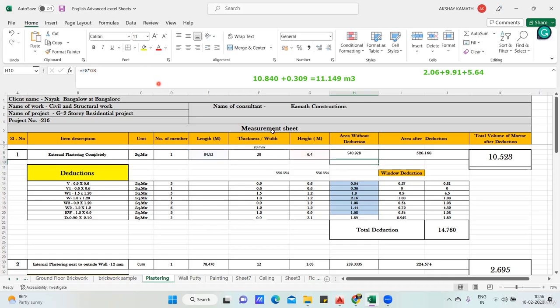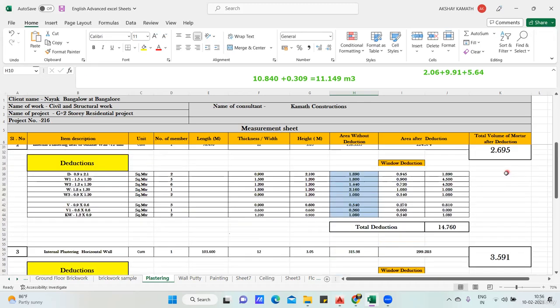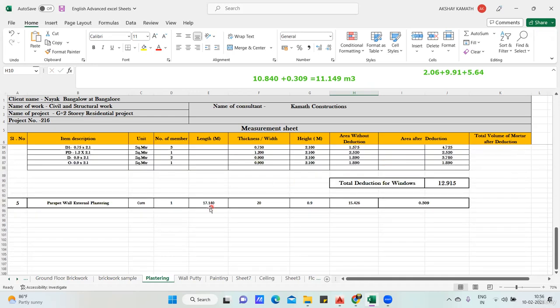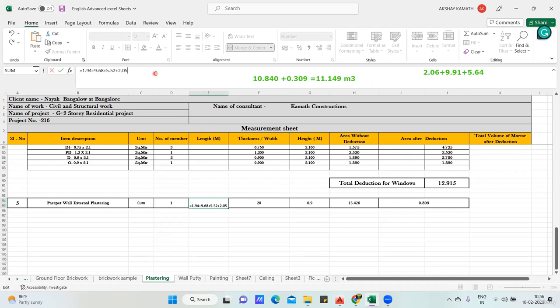So it is 10.523. That answer I'll add here. So your answer should match at any cost. Plus 2.06, these things I'm adding now: 2.06 plus 9.91 plus 5.64.